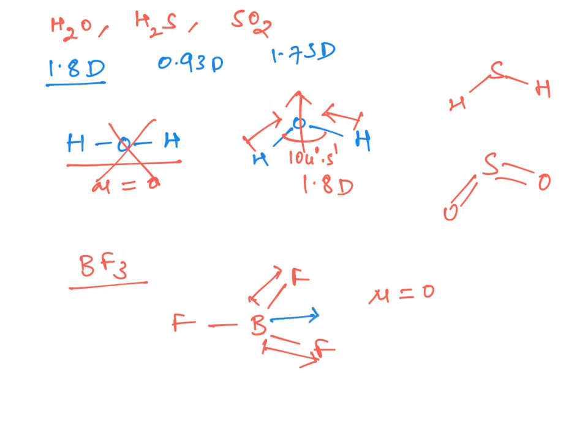It is the summation of these two, and it is exactly opposite in sign. So mu must be equal to minus mu, and the net dipole moment is 0 for BF3. These are all symmetrical structures, so the net dipole moment comes as 0. In BF3, CCl4, CH4, all these cases the net dipole moment comes as 0.